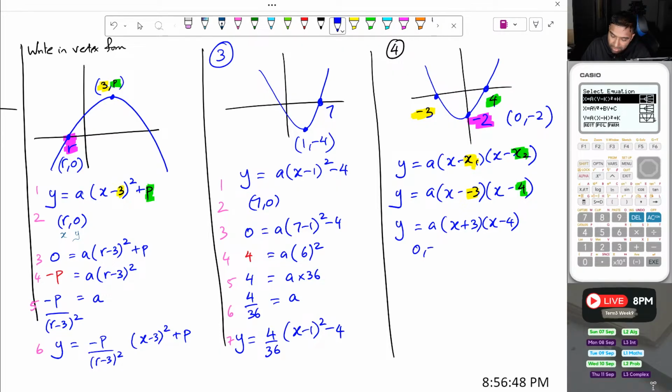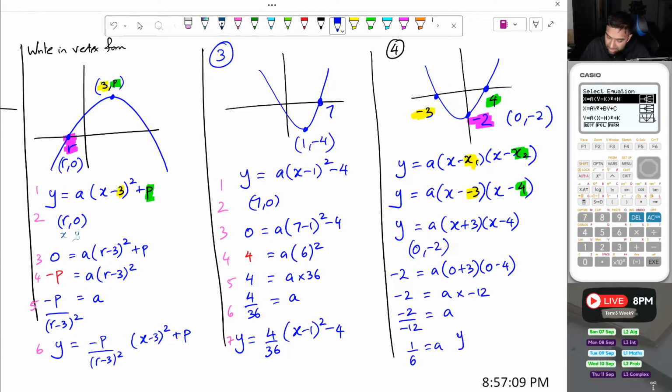So I take (0, -2): -2 is equal to a(0 + 3)(0 - 4). I've got -2 is equal to a multiplied by -12, and then a is equal to -2 divided by -12, which is 1/6. So my equation is y is equal to 1/6 (x + 3)(x - 4).